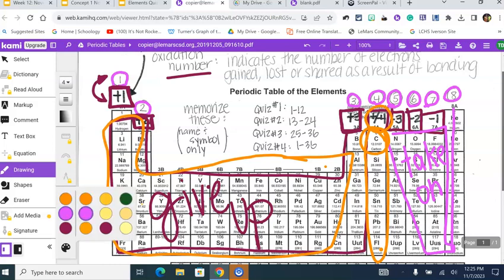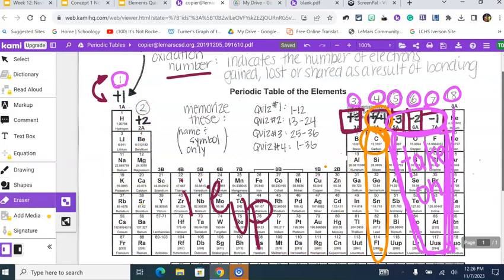And these guys over here, once they take on an electron, what's the charge of an electron? Negative. So if these guys over here are taking on electrons, what's their charge going to be? Negative. Why? Because they're taking on more electrons. It really does have to do with charges.